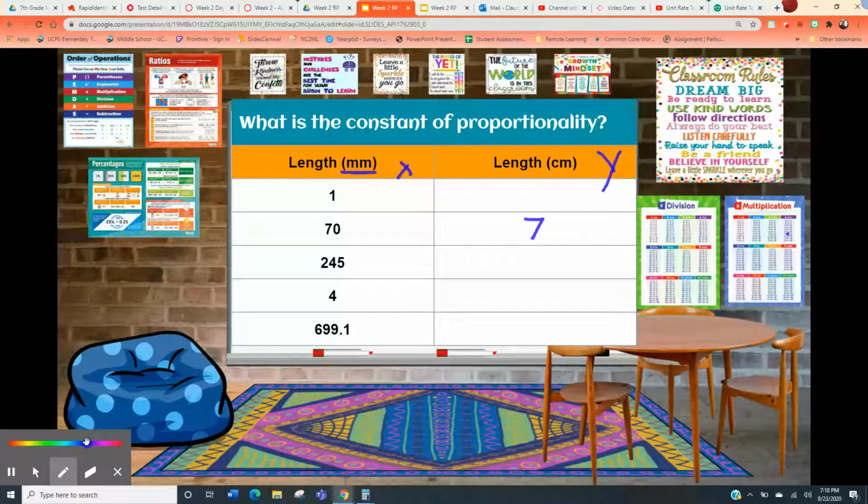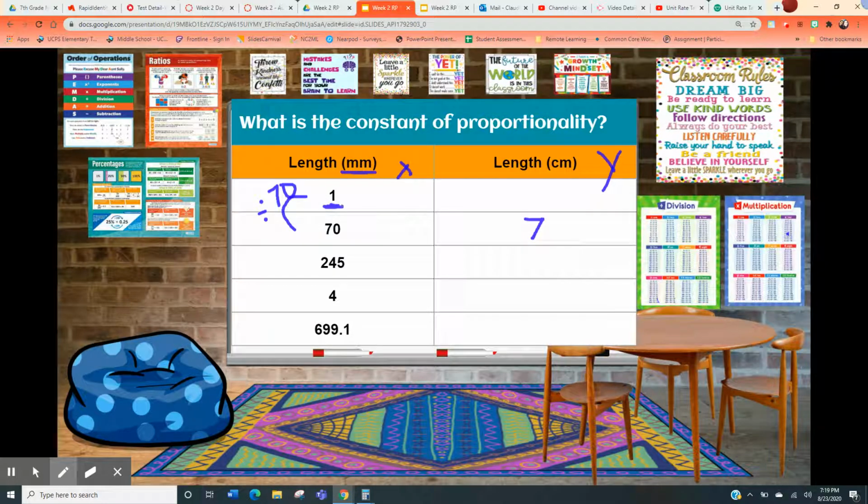So if I remember back, I'm going to take my 70 and divide. In order to get 1, what do I need to do? I need to divide 70 by itself. So I'm going to take 70 divided by 7, and that would give me 1.